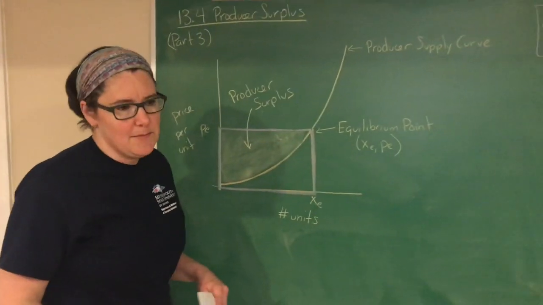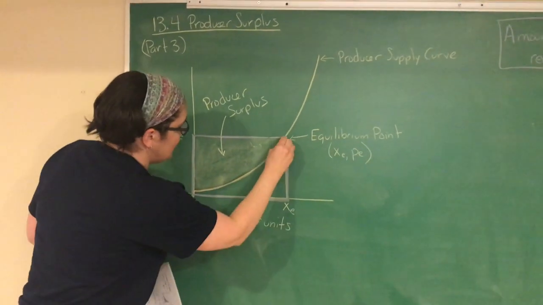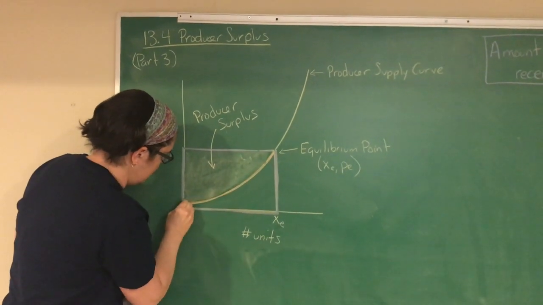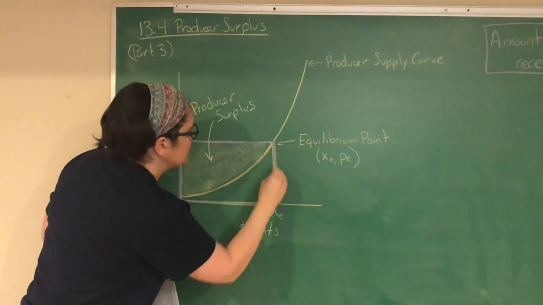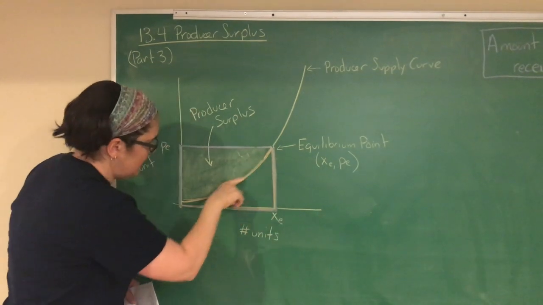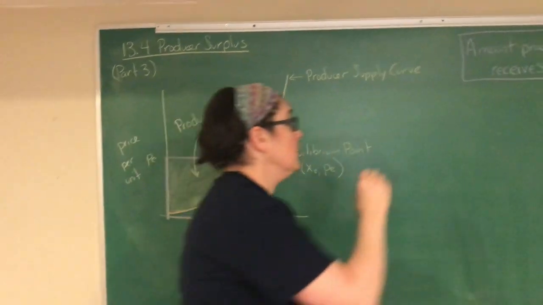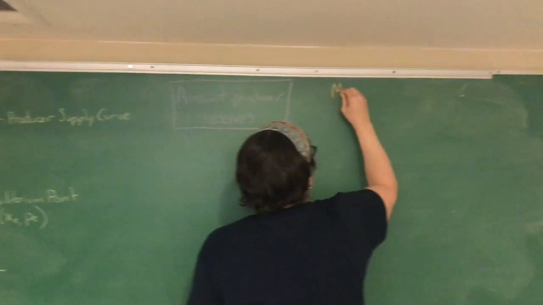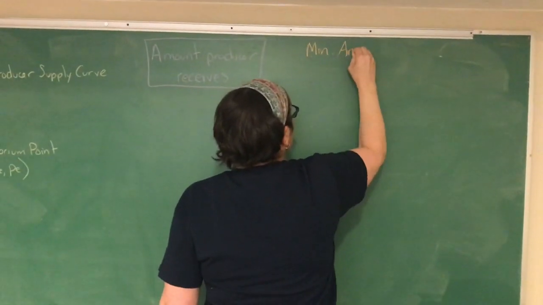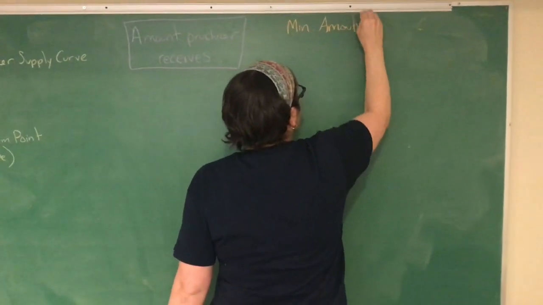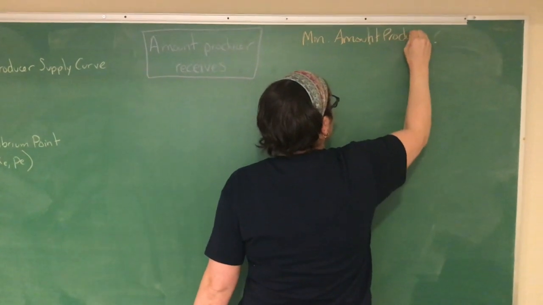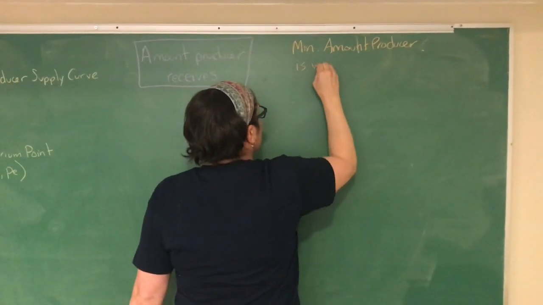In other words, the amount that goes toward costs or things like that. And that is the area under our producer supply curve. And so this area under that curve, that's our integral, and that is the minimum amount that the producer is willing to receive.